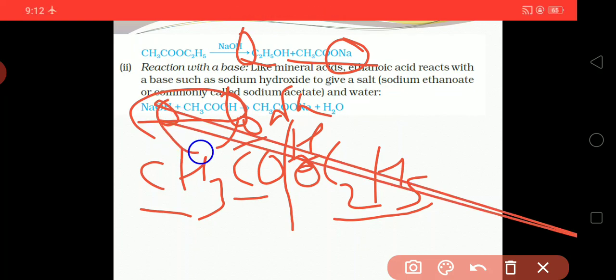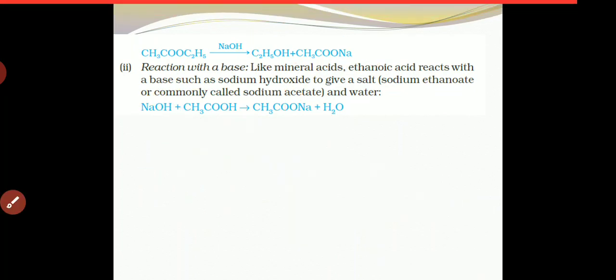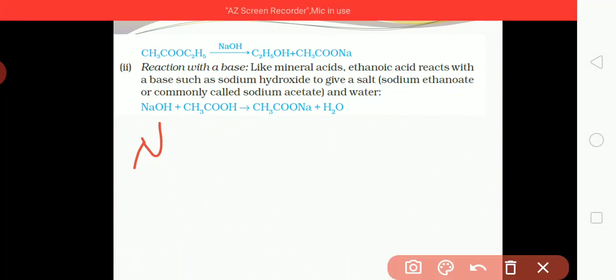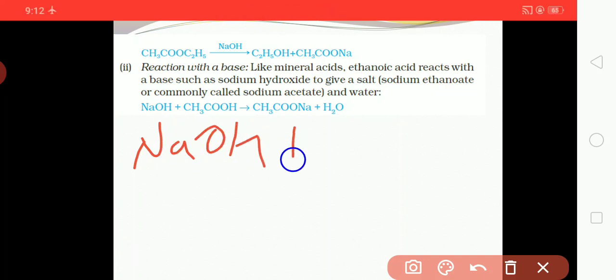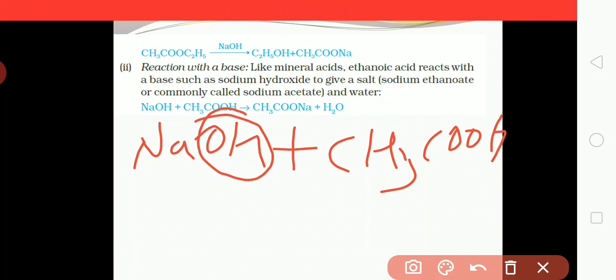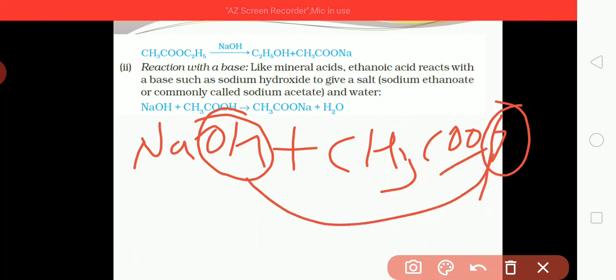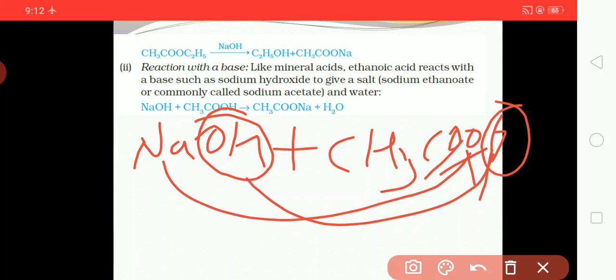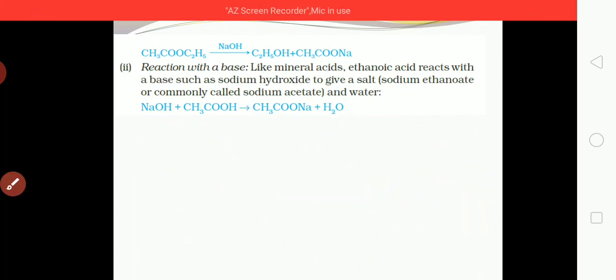OH will be removed from here, H will be removed from here, and it will form H2O, and Na will take its place, giving CH3COONa.